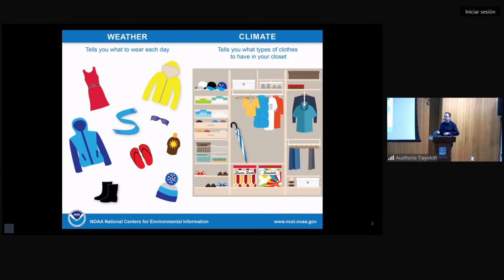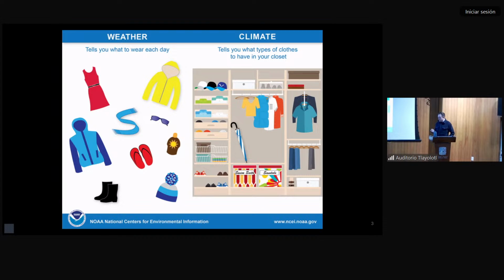So the weather tells us what's happening right now, but the climate tells us the kind of clothes that we have in a season. So in winter, we probably will have in our closets more warm and cozy clothes.